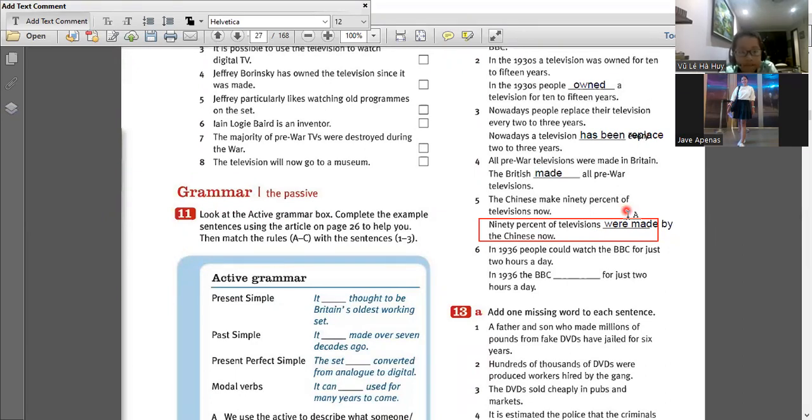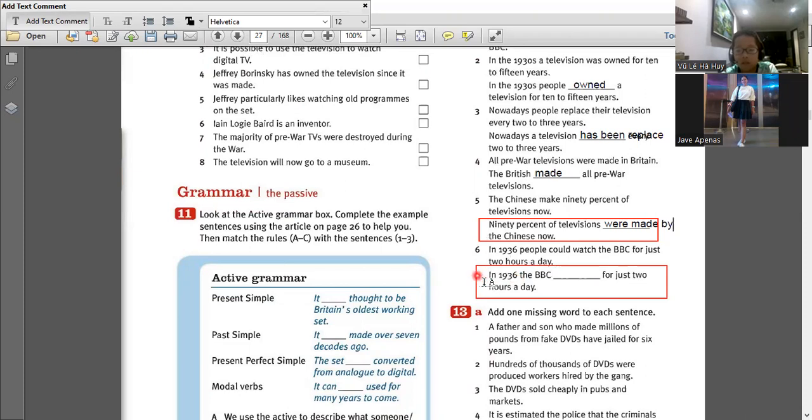We use "by" for a person or someone. Okay, and number 6. In 1936, people could watch the BBC for just 2 hours a day.